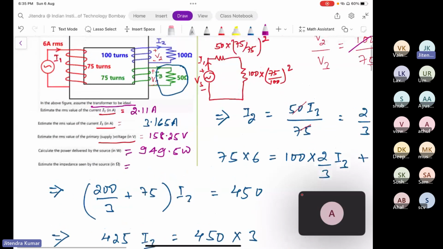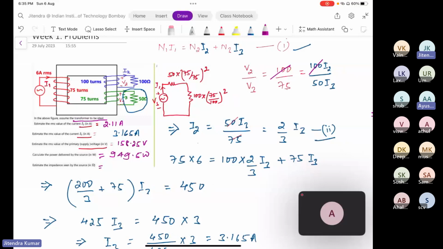Sir, what is I1 really? I1 is nothing but the reflected current due to both the secondary and tertiary windings, whatever they are drawing. So I1 is equal to I2 dash plus I3 dash, the phasor sum of both. Then according to that, I can calculate I1.